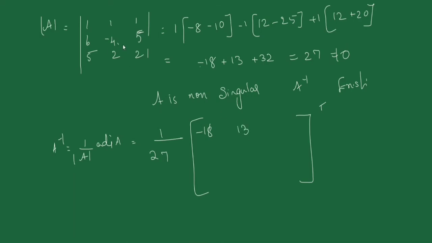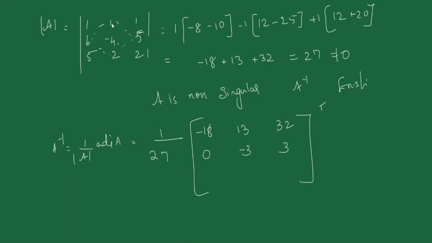This is 12 plus 20, so that is equal to 32. 6 is 2 minus 2, 0. Then this minus 4 is 2 minus 5, that is minus 3. Then this 5 is 2 minus 5, minus 3. This place you have to change the sign. All these places, remember that you have to change the sign. This and this, all these 4 places.